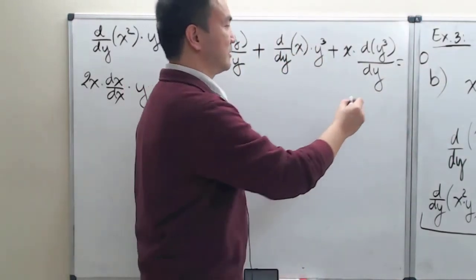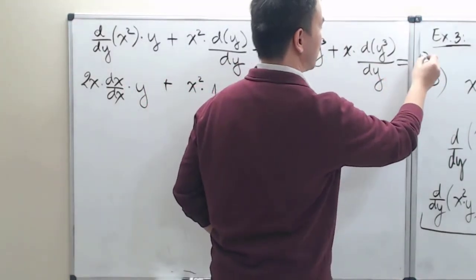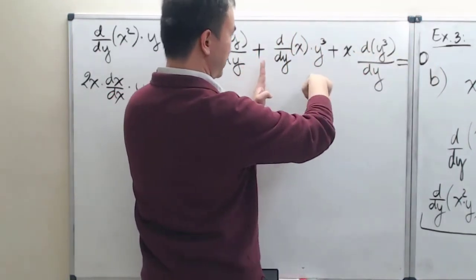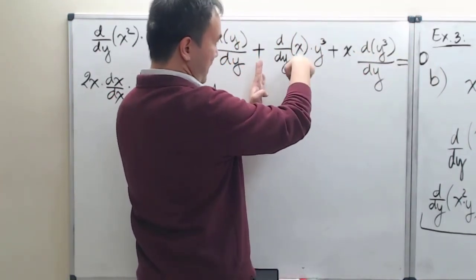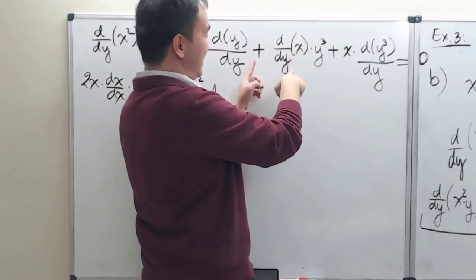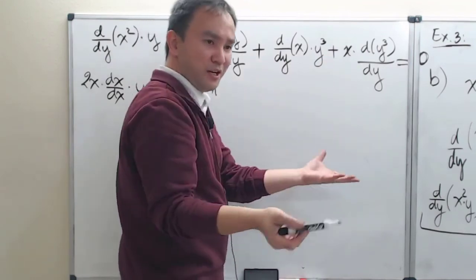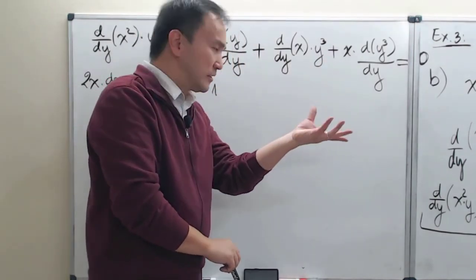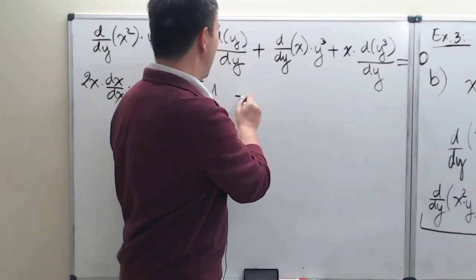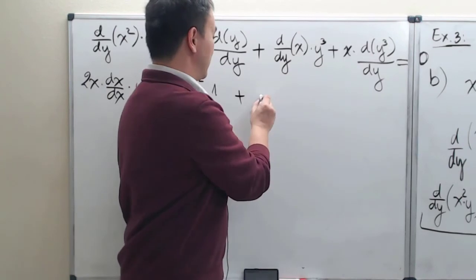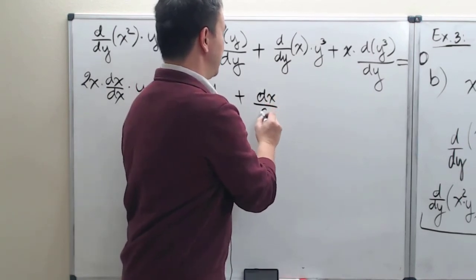Okay, so my writing is getting a little squeezy here, but this 0 is the right hand side, and these two terms are here. Once again, x is an implicit function of y right there. So dx dy, we didn't know what x is as a function of y. We only know that it's defined implicitly. And so we have no choice other than just leaving that as an implicit derivative. So it's dx dy here.